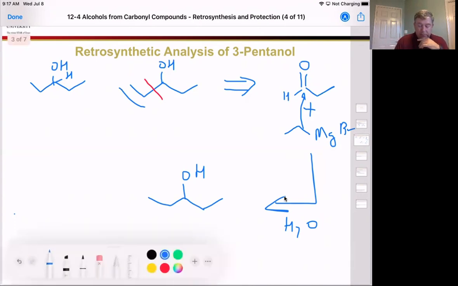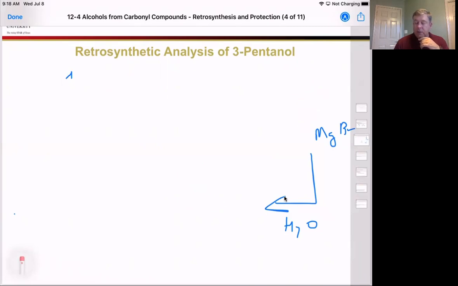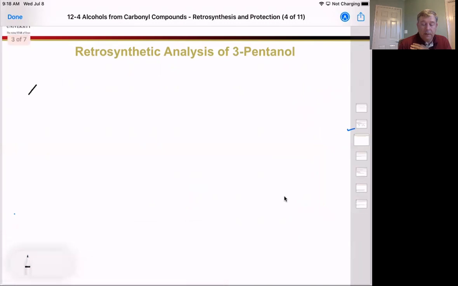Okay, let me do another one that is different than this, so that we can try another system. In this one, we're going to start with a tertiary alcohol that looks something like this here.